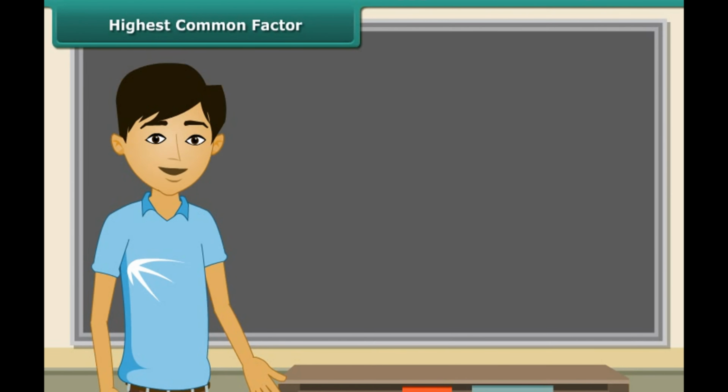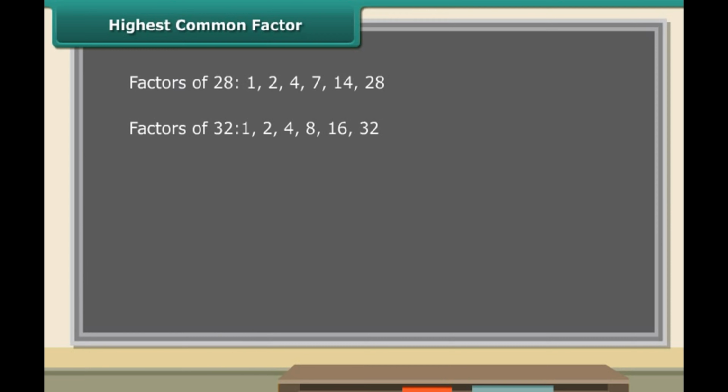Now that you know what common factors are, let us find the highest common factor of two numbers. Consider two numbers, 28 and 32. The factors of 28 are 1, 2, 4, 7, 14 and 28. The factors of 32 are 1, 2, 4, 8, 16 and 32.